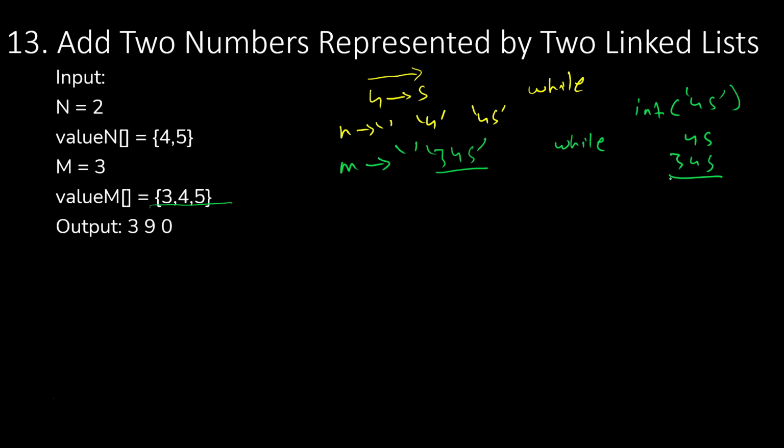This is the basic use, so that we can add the individual numbers. The n number will be 45, for m it will be 345. Now when we add them, we get 390 as the answer.